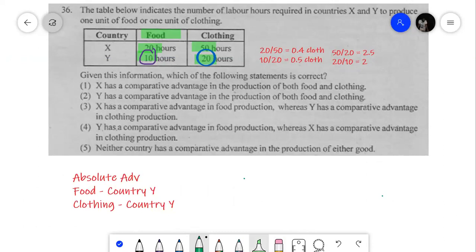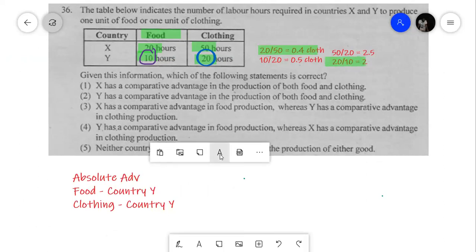Country X has the comparative advantage. Remember I told you, if one country has the comparative advantage for one good, the other country should have it for the other. If you take clothing, the opportunity cost for country X is 2.5 food, but for country Y, it's only 2 food. So country Y has the comparative advantage.